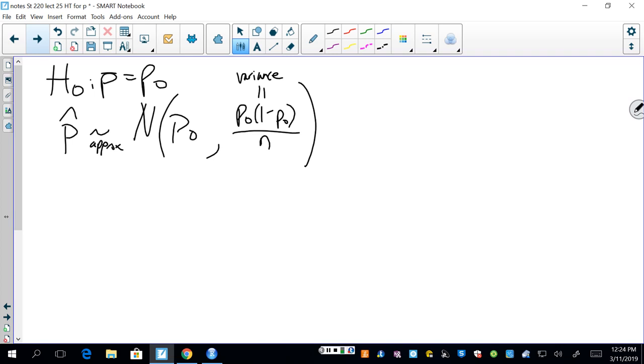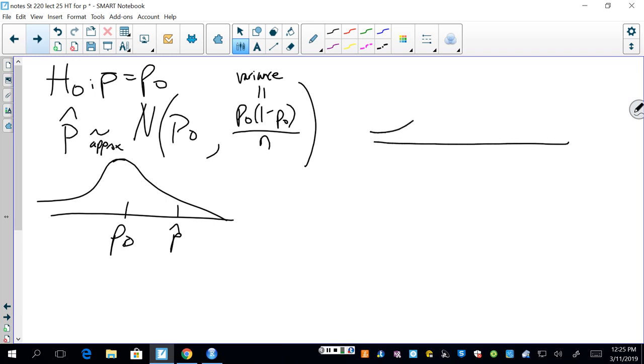And if we have p0 here and a value of p hat, we can ask the question, well, what is unusual? If the sampling distribution is centered here at p0, what's unusual?